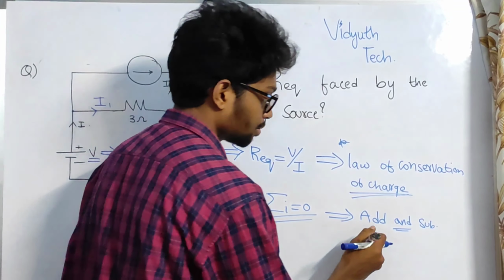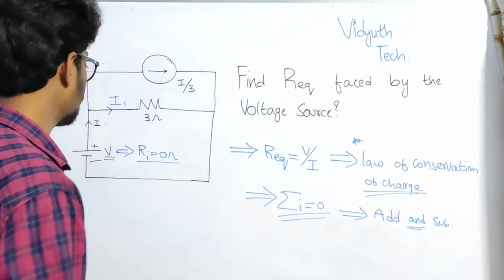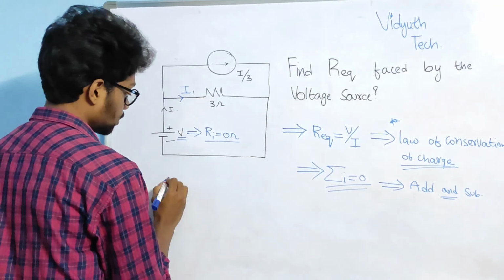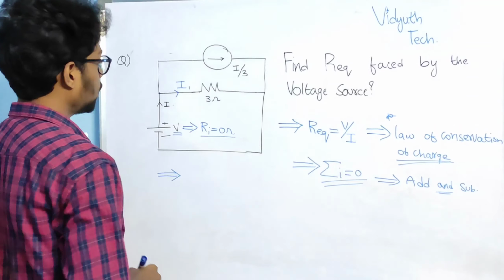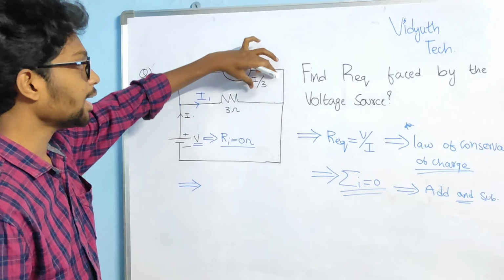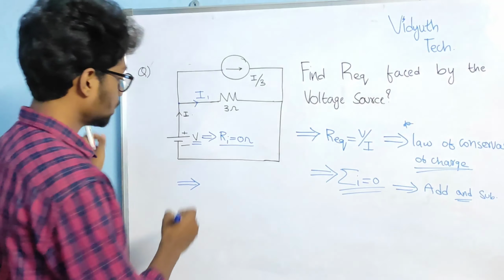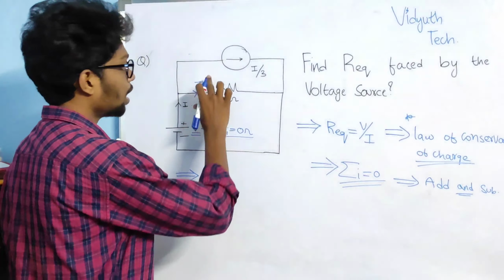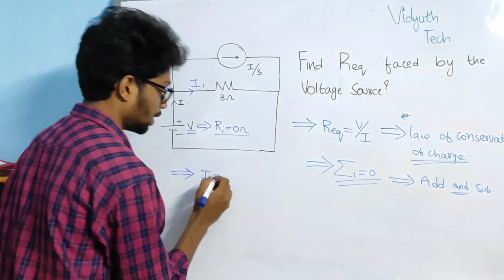Don't forget this. I am taking KCL at this node. Therefore I is the incoming current, and I1 is the outgoing current, and I by 3 is also an outgoing current. Therefore I is equal to I1 plus I by 3 amperes.